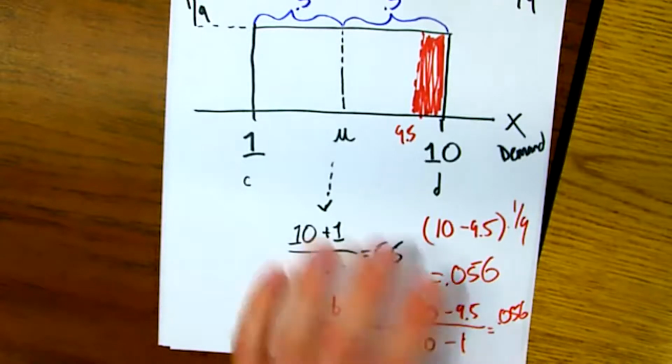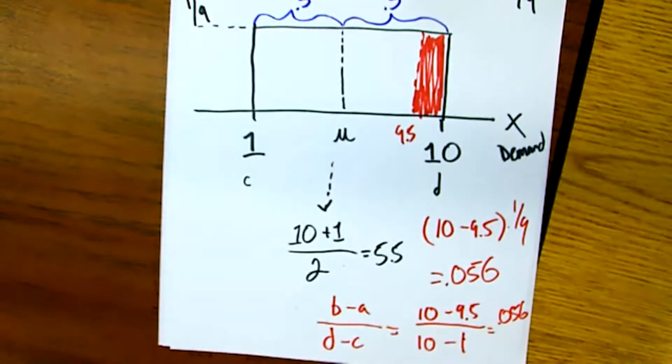So either way works. I just think drawing it out and thinking about it as the area of a rectangle is a lot more intuitive and easier for most people. I'm moving a little too quick here, so any questions on this?